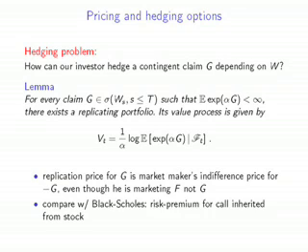So if you want to start replicating at time t, what you need in your pockets as an investor interacting with the market maker is this thing here, which the trained eye recognizes easily as an indifference price, but for G, for minus G to be precise. So it's the market maker's indifference price for minus G, which you have to have in your pockets when you, as an investor, want to start replicating a claim G using the instrument that the market maker offers you to deal in.